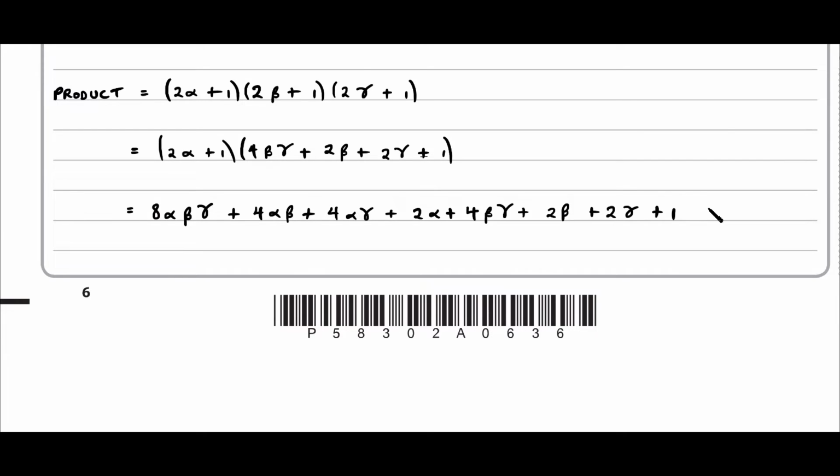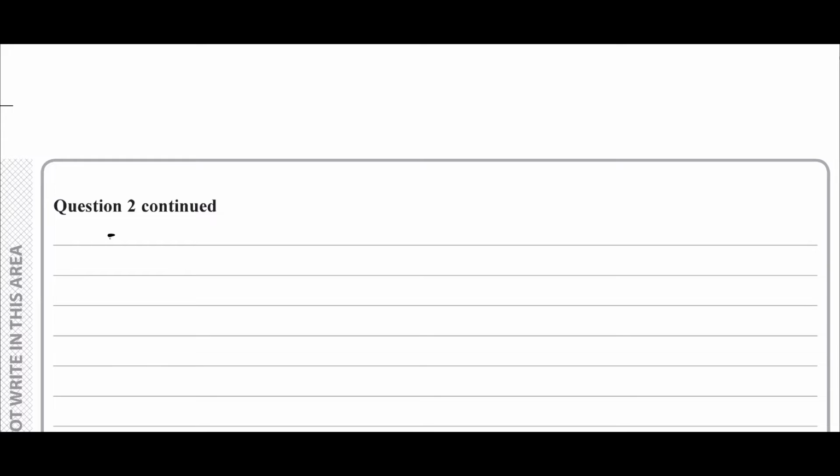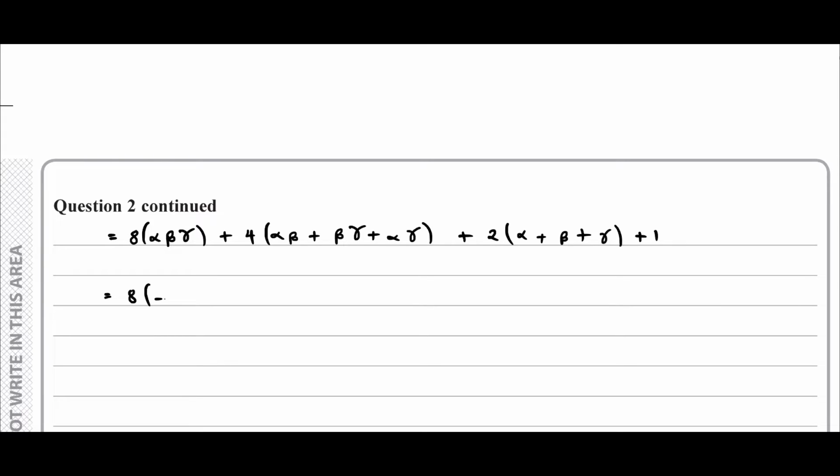And if we simplify all this, we have 8 lots of alpha beta gamma plus 4 lots of alpha beta plus beta gamma plus alpha gamma plus 2 lots of alpha plus beta plus gamma plus 1. We have 8 lots of minus 5 plus 4 lots of 1 plus 2 lots of 3 plus 1.